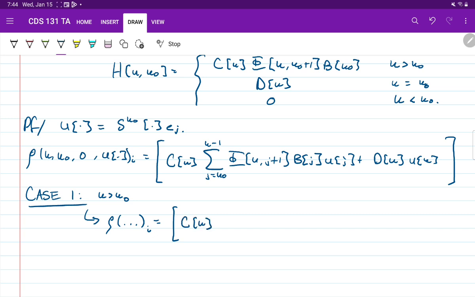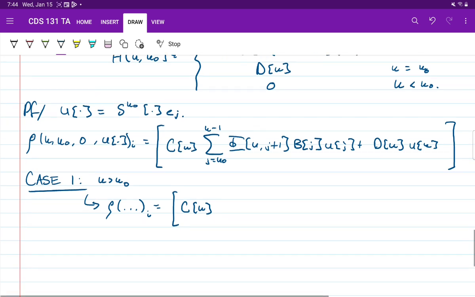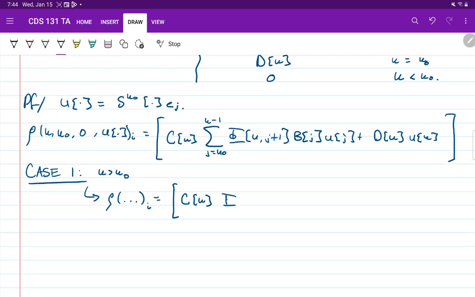And then if we look at this entire sum, our input is 0 except for when j equals k naught, so we're just going to pick out that value from the sum. So this is equal to C of k times phi of k, k naught plus 1, B of k naught, and then u at time k naught is just going to equal e_j. And then the second D term drops out because for k greater than k naught, our input will be 0. We take coordinate i of this.